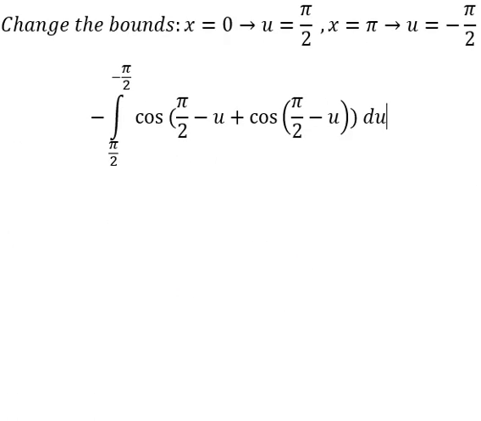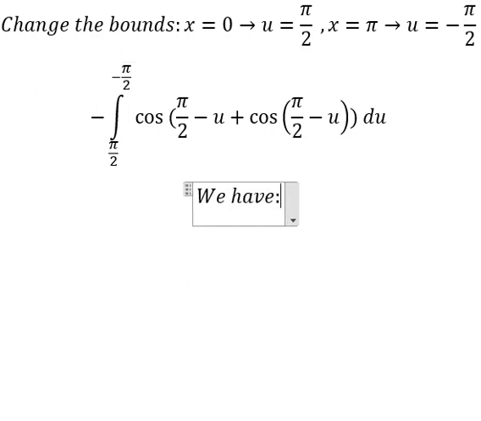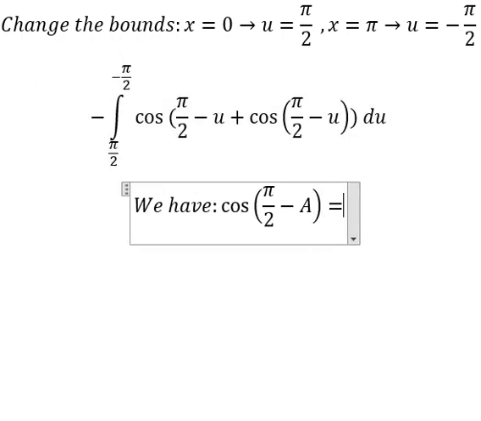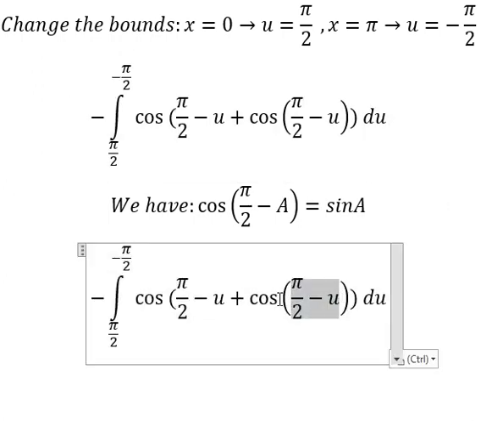Next, we have the formula in here. Cosine of b over 2 minus θ, we have sine θ. So this one, we change for sine θ, then that is sine u.